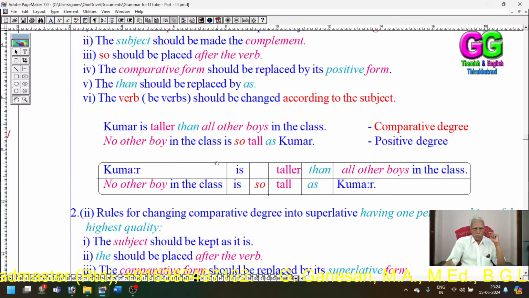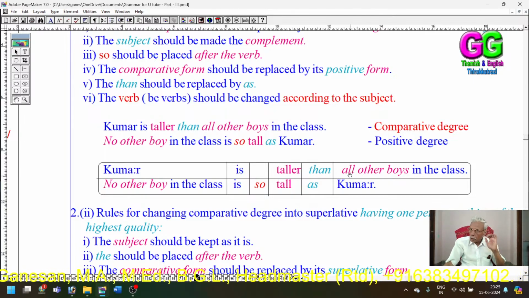You see, this is comparative into positive. First, in the complement, all should be replaced by no. Then other should be kept as it is. Then the plural should be changed into singular. So all other boys becomes no other boy.